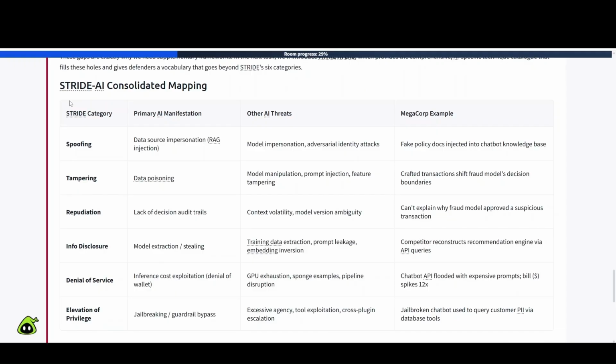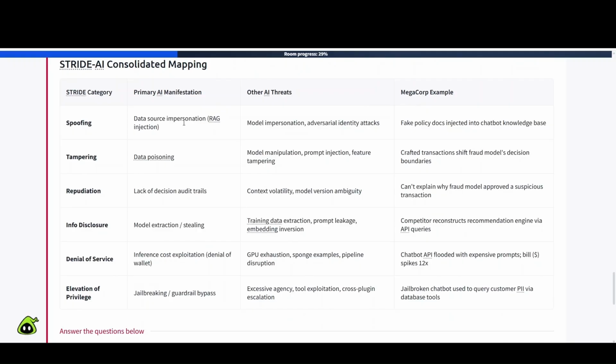All right, so we have another table here. STRIDE AI, consolidated mapping. We have STRIDE category, primary AI manifestation, other AI threats, Megacorp example. Spoofing: data source impersonation, RAG injection, model impersonation, adversarial identity attacks, fake policy docs injected into chatbot knowledge base. Tampering: data poisoning, model manipulation, prompt injection, feature tampering, crafted transactions shift fraud model's decision boundaries.